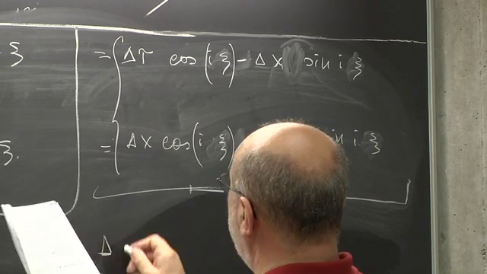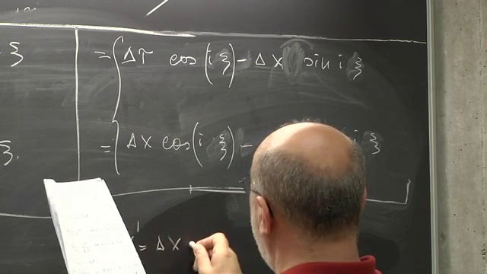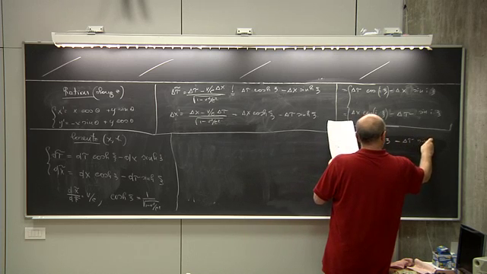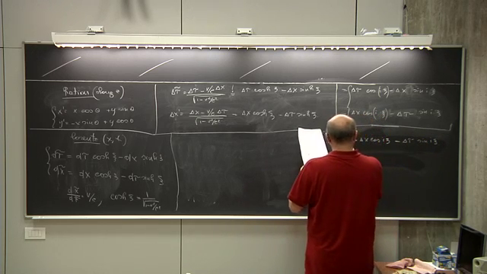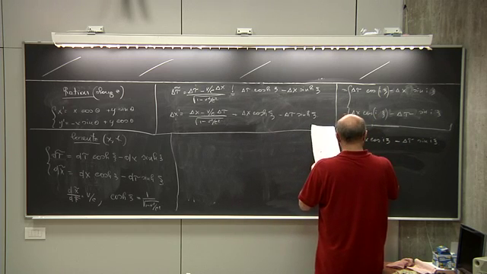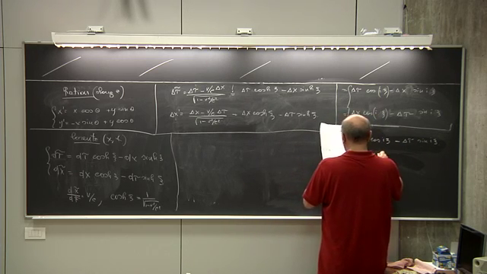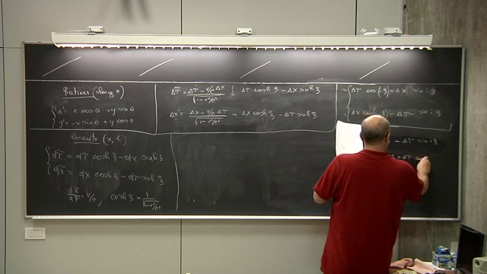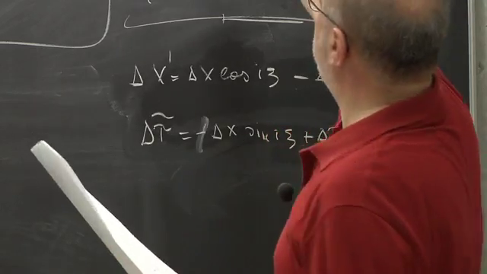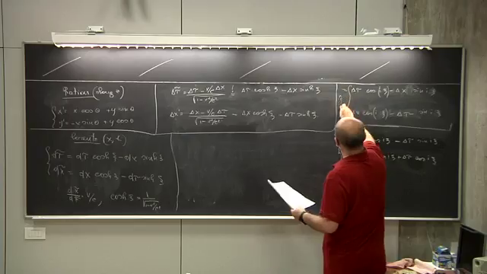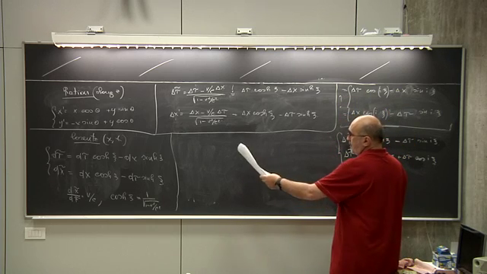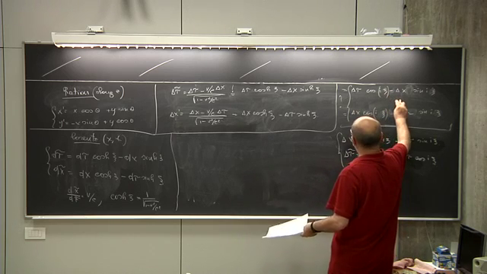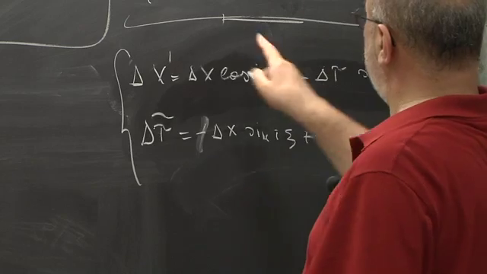Okay, this one you can write delta x prime is equal delta x cosine ixi minus delta t sine ixi, and delta tau tilde is equal minus delta x sine ixi plus delta t cosine ixi. Okay, so I've taken these two. These are the ones to be checked, okay, because I did a mistake in the transformation of the cosine hyperbolic and sine hyperbolic. This should be the one that is checked, and then this one is equal to this.